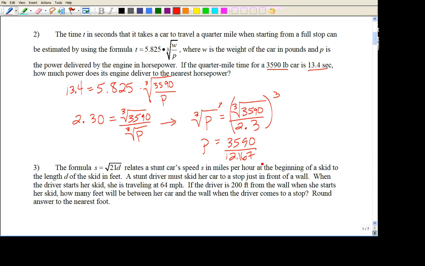So then P, that's about equal, let's see, that's equal to 295.06. So to the nearest horsepower, that is a horsepower of 295.